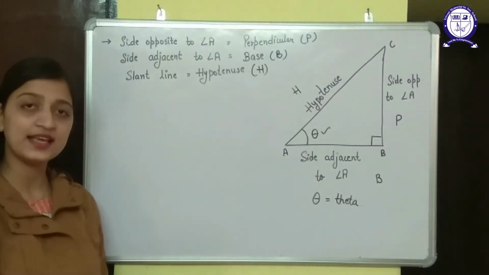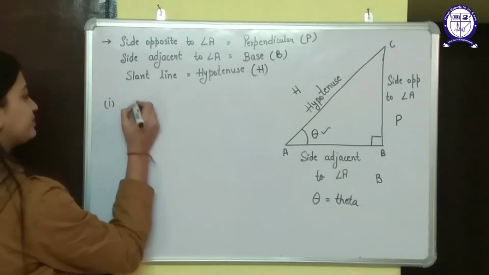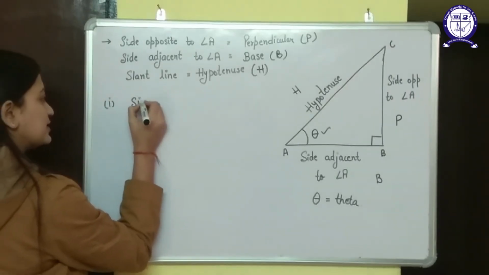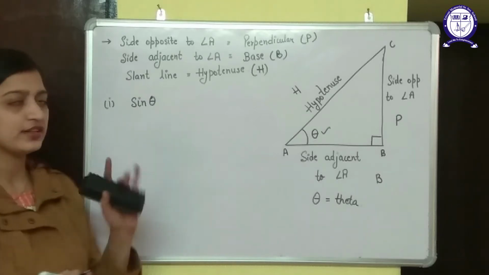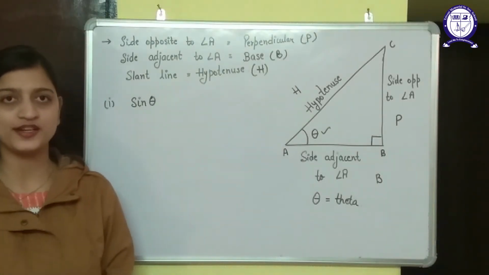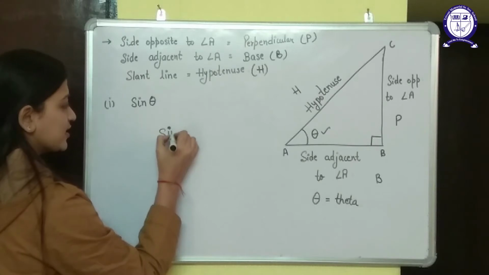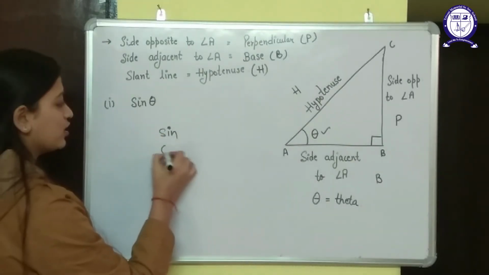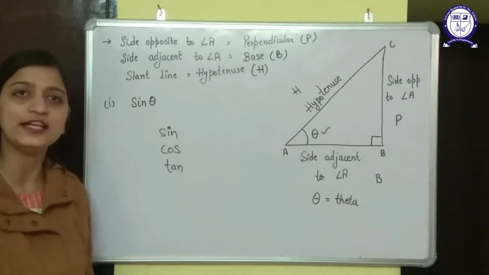Now there are 6 trigonometric ratios. The first one is sine theta. Now we cannot write the trigonometric ratios without the angle. There is no term such as sine, there is no term such as cos or tan. It doesn't have any meaning.